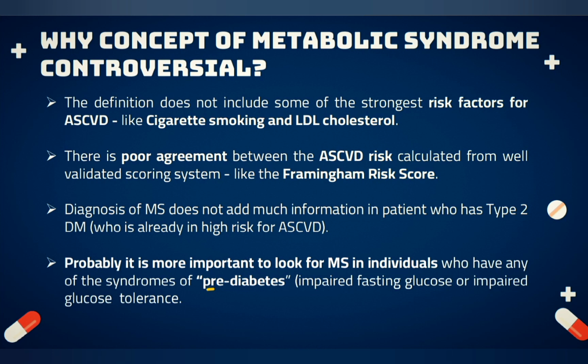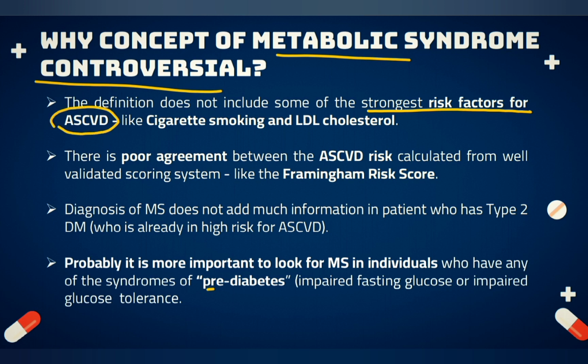Our metabolic syndrome concept has some controversial elements as well. The first controversial element is that the present harmonized definition doesn't include some of the strongest risk factors, which are also very strong factors to develop atherosclerotic cardiovascular disease.